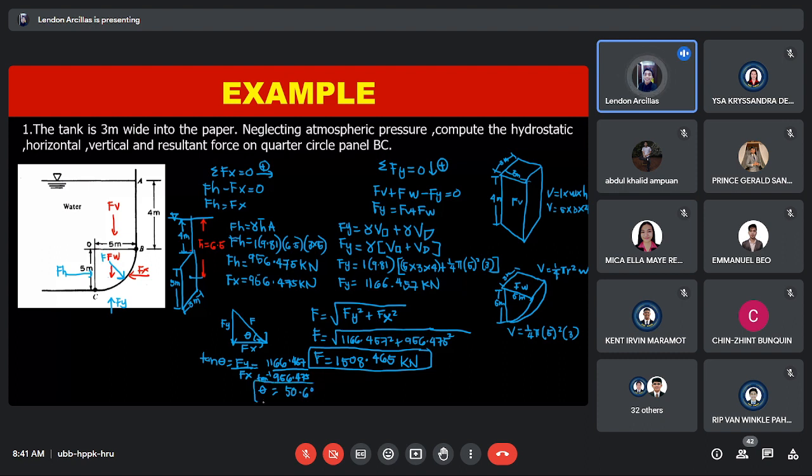So that is the location of the hydrostatic force, 50.6 from the horizontal. Okay. So that's how you locate the value of f pag curvature. Hindi siya magdedepende sa value ng e since naka-angular nga siya, 'di ba?